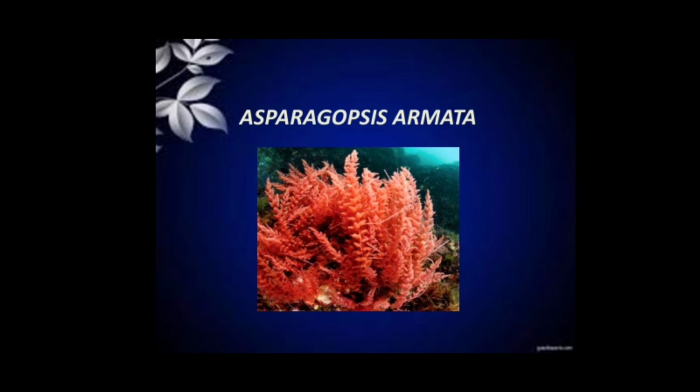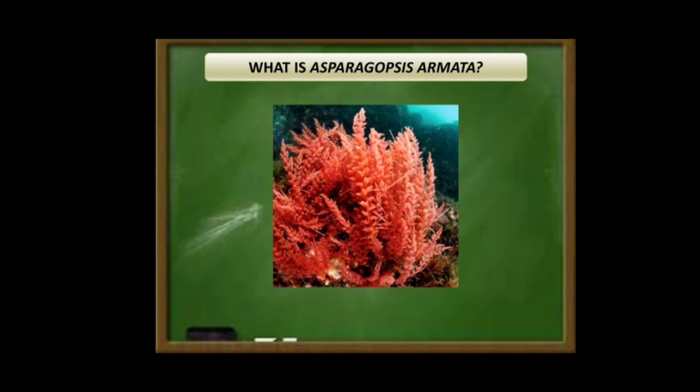Let us now proceed to the Asparagopsis armata. Asparagopsis armata is a species of marine red algae. They are multicellular eukaryotic organisms.